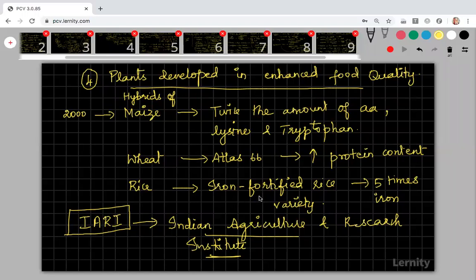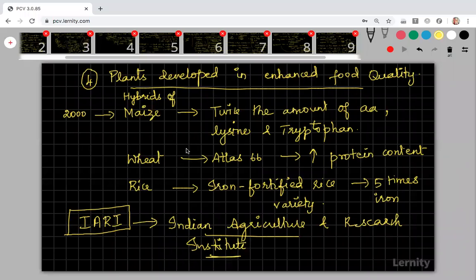Okay, students, I will tell you what things we discussed in the plant breeding program. First we saw the definition of plant breeding. Then I gave you a small introduction about the green revolution: who introduced it, what the objective of the green revolution was, everything.